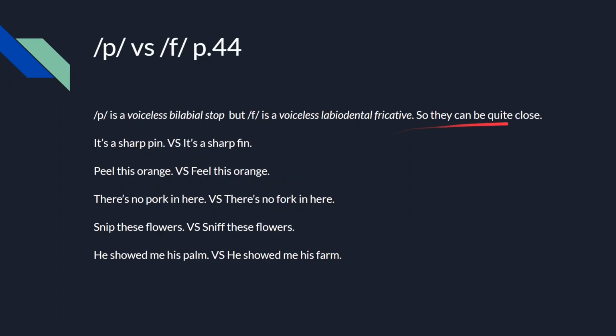So let's take a look at some examples here and try to say them as well. It's a sharp pin. It's a sharp fin. You should be able to feel and hear the difference. Pin, fin, pin, fin.